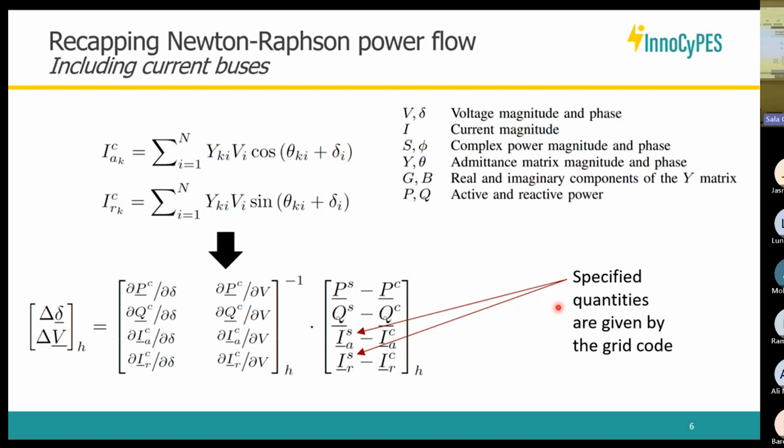And there is actually a mistake in this slide, if you think about it, because when I wrote here the Jacobian as the derivative of the calculated currents, because this C up here, these are calculated, this is incomplete, because if the specified current is not constant, it means that there will be derivatives associated to these specified quantities as well. And this is part of the challenge in addressing fault analysis with Newton-Raphson methodologies.